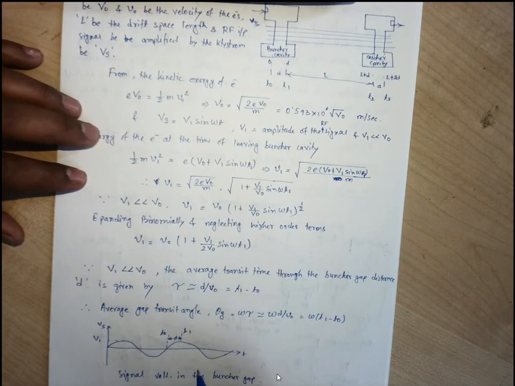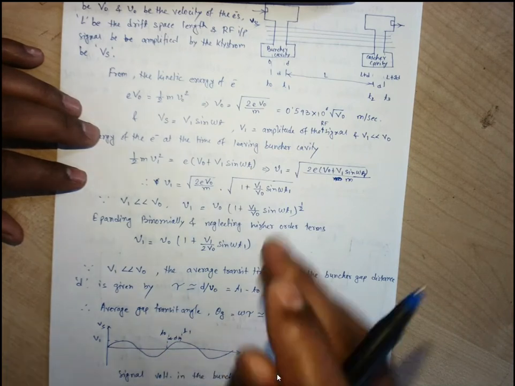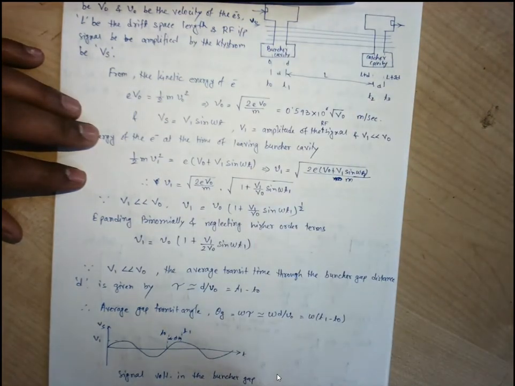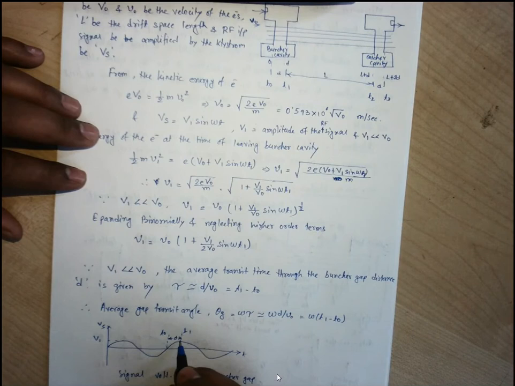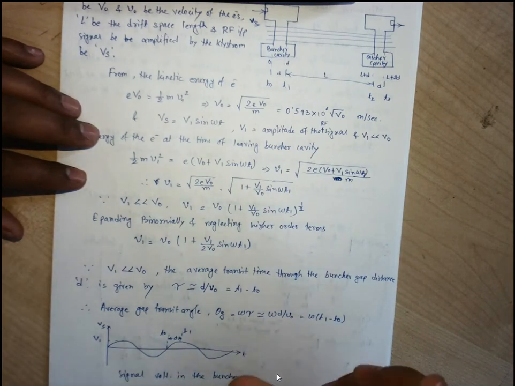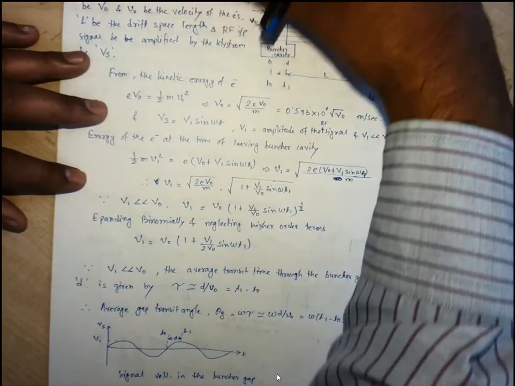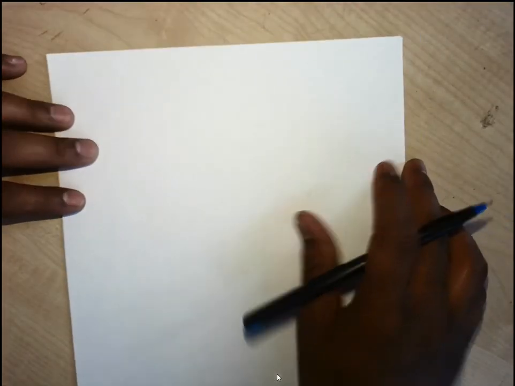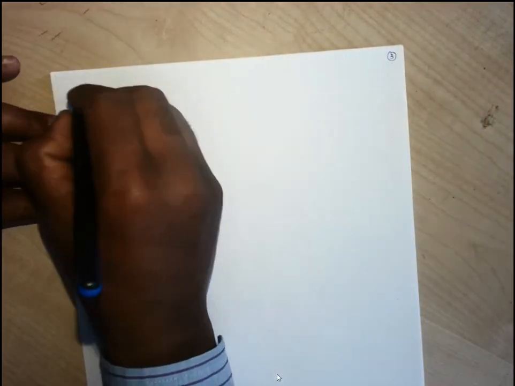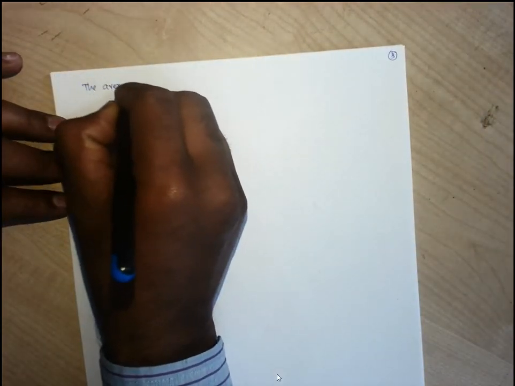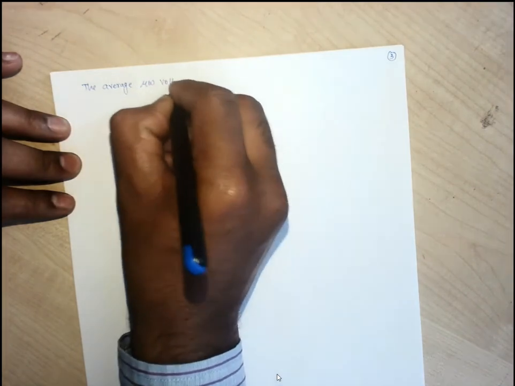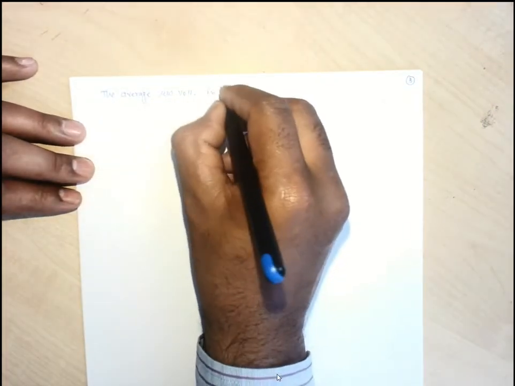We can do it by integration. This is the portion of the signal that appears at the gap within this time period. The voltage goes from 0 up to V1, so to find the average voltage we take the average by integration: the average microwave voltage in the buncher gap.